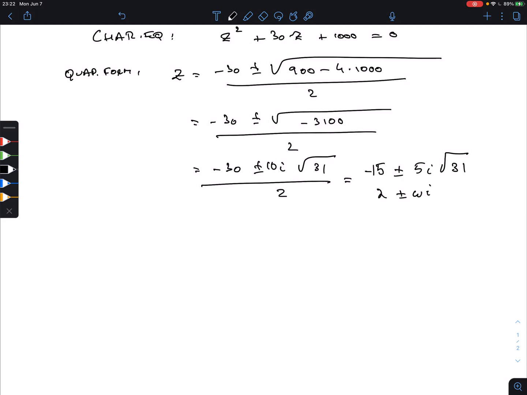So omega is 5 radical 31, and lambda is minus 15. So we know that the homogeneous solution would be e to the minus 15t, and then we have a cosine 5 radical 31 t plus b sine 5 radical 31 t.